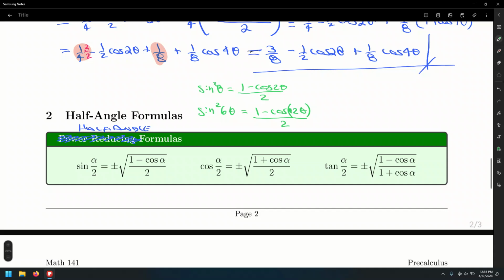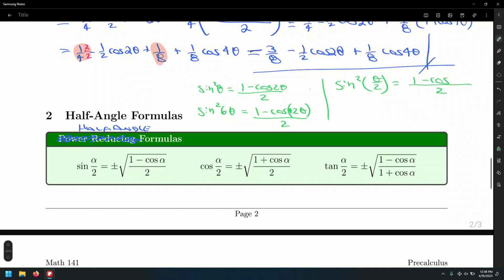However, this also works for fractions of angles. How about sine squared of theta over 2? All right, that's going to be 1 minus cosine. Oh, careful here.